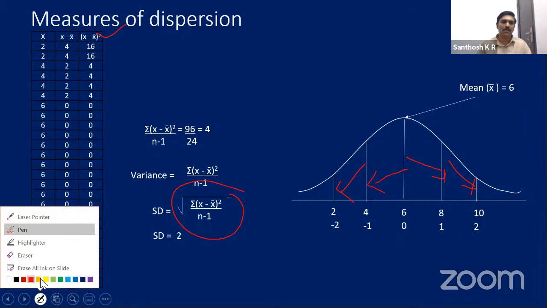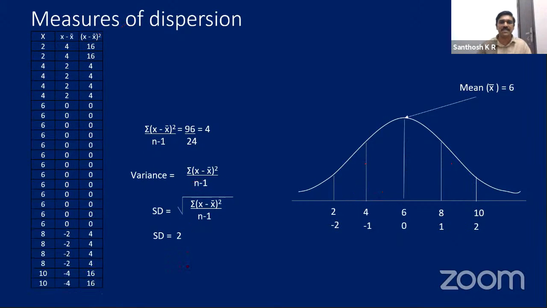This is one of the most important measures of dispersion, standard deviation. And variance is also one of the most important measures of dispersion. Variance is not easy to compare with other measures. Imagine you have one measure in a ratio variable, another in an interval variable, and another in discrete form. Discrete form means there are no points in between. In continuous form, there will be 3.1, 3.7, 3.8, likewise.